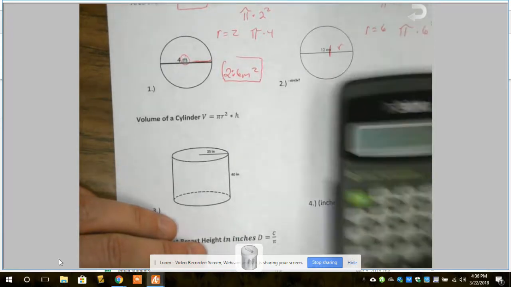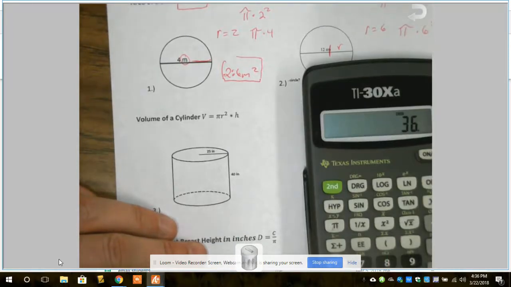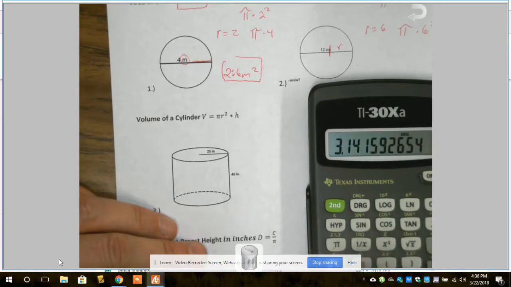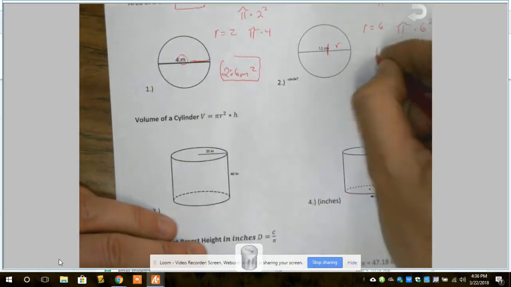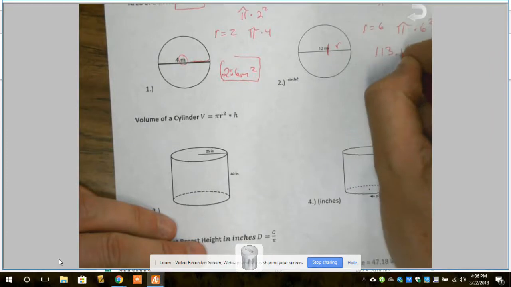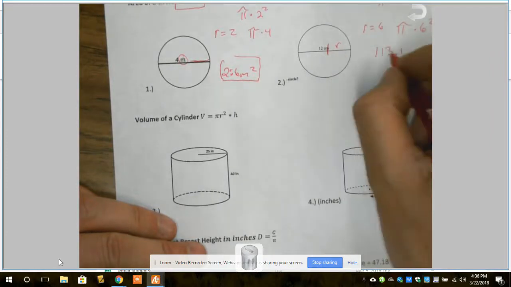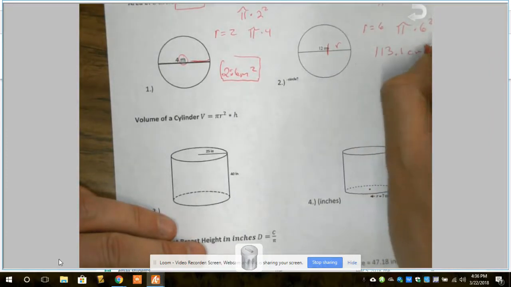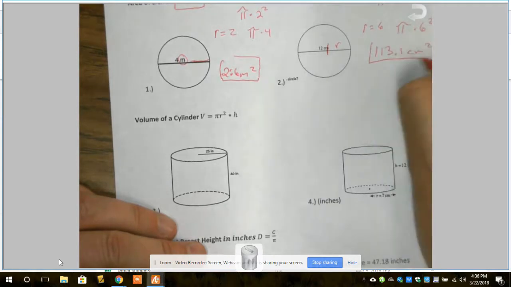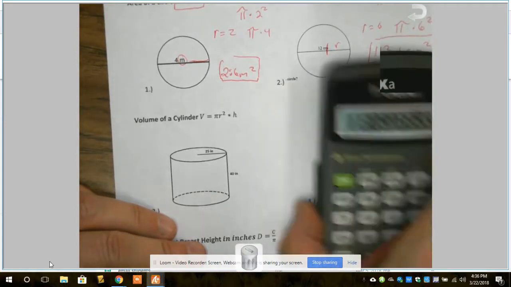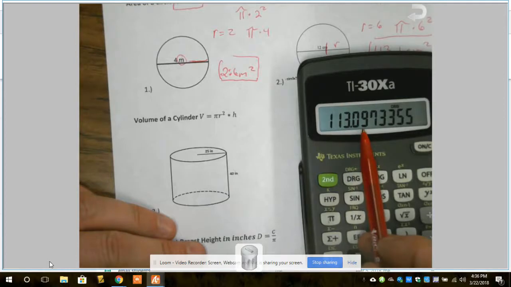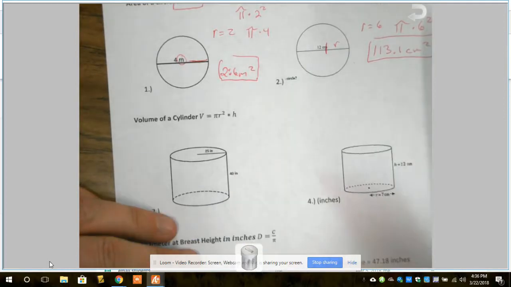You do 6 squared times pi equals, and you end up with 113.09, so I end up with 113.1. And that is centimeters squared. Again, I rounded that to 0.1 because the digit is 0 and the next one over is 9, which means it rounds up. Okay, so I'll go here and do the next one.